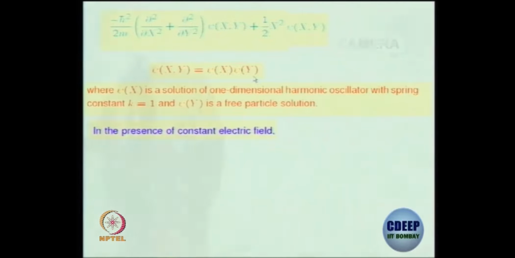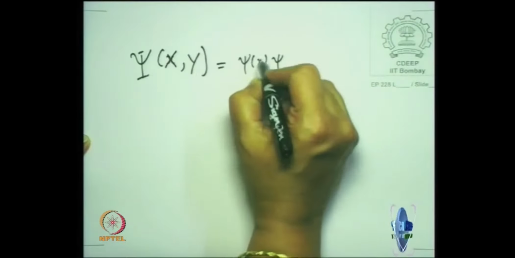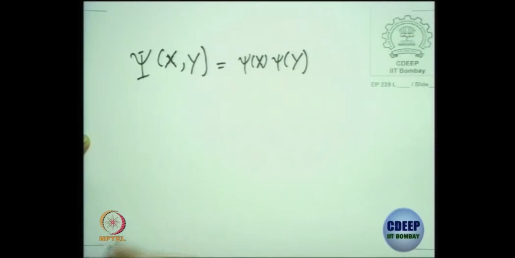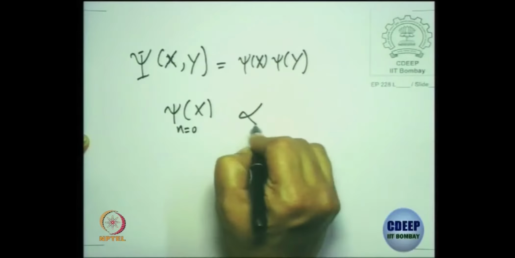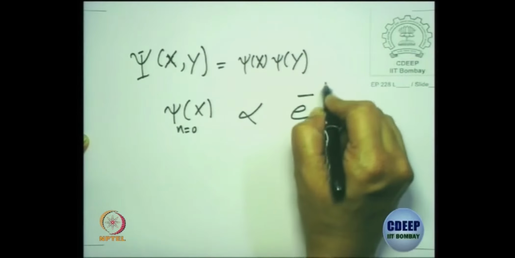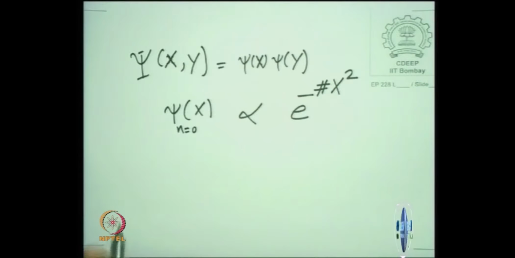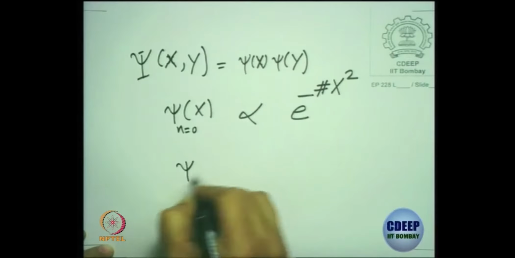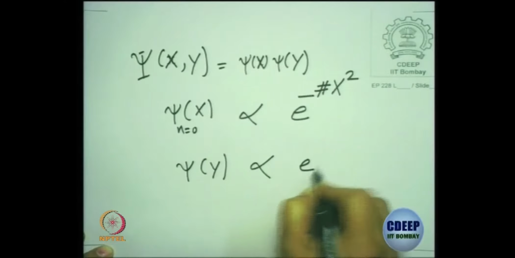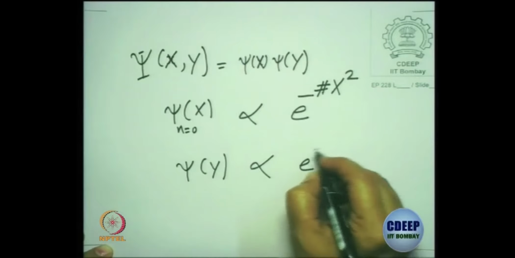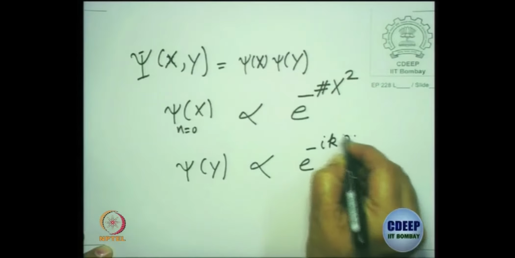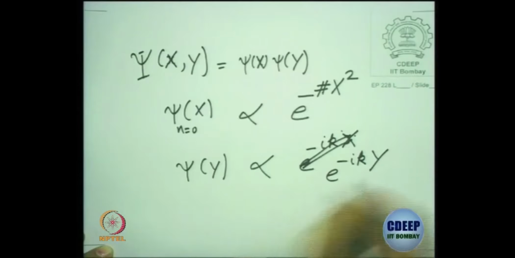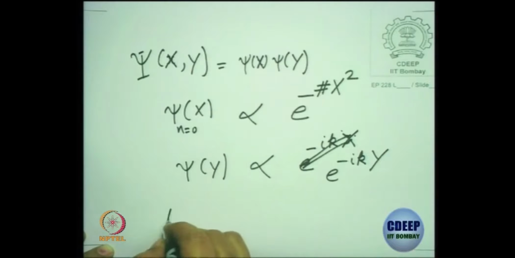Let me call this psi of capital X, capital Y, which is psi of capital X times psi of capital Y. Psi of capital X, for the ground state, will be proportional to e to the power of minus X squared, with some constants, which I will not write, and psi of Y will be proportional to e to the power of minus i k Y. What will be the energy now?